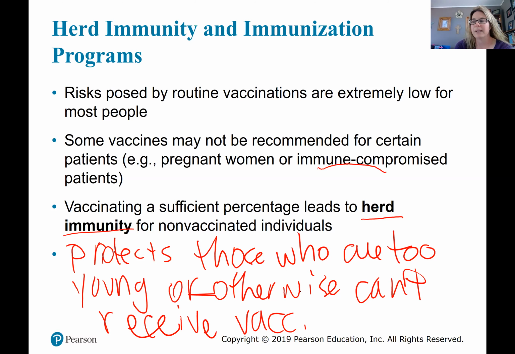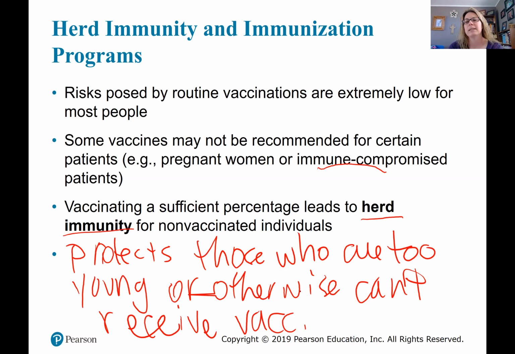So if mom and dad and brother and sister all have the whooping cough vaccine, okay, the chances of them bringing it home to baby and being life-threatening to baby are very, very low. Okay, so that's an example of herd immunity, where the people that are around baby get the vaccine and help prevent the baby from getting it until it's old enough to have its own vaccine.